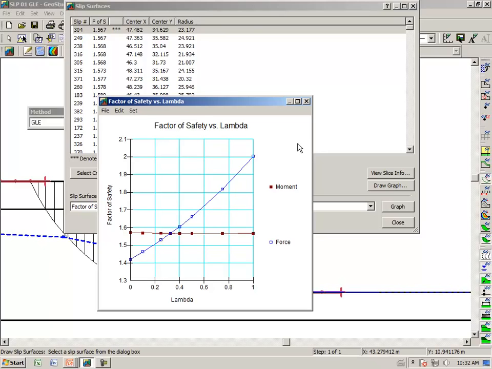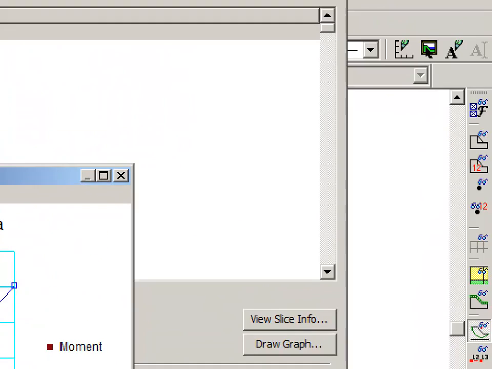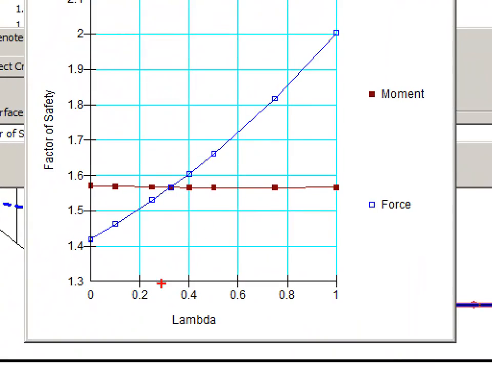Now if you were to take the time to check the Bishop and Janbu factors of safety that we computed and the Spencer factor of safety that we computed, the Bishop factor of safety would be here, the Janbu factor of safety would be here, and the Spencer factor of safety is here, and the lambda value is here.